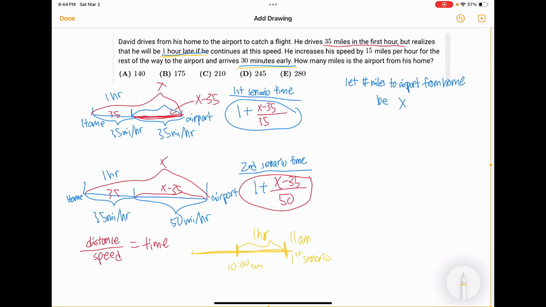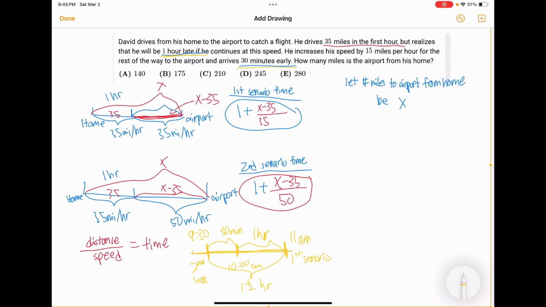But then if he increases his speed by 50 miles per hour, according to the second scenario, then he will arrive 30 minutes early. So this is the second scenario, where he arrives 30 minutes early. And so he will get there at 9:30. Well, then the difference between these two times would be 1.5 hours. So this whole part, that is 1.5 hours.